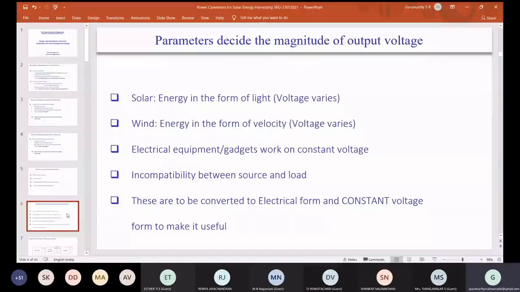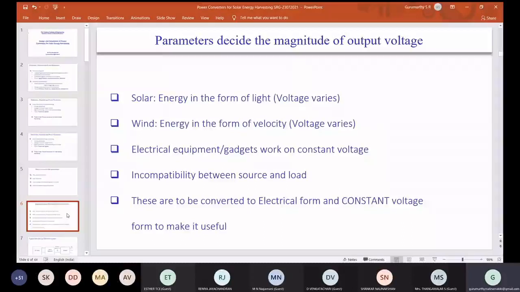Okay. So now, you cannot use this energy as it is. We have to convert it to a usable form. That is one part of it. As the intensity of the light varies, the voltage also varies.